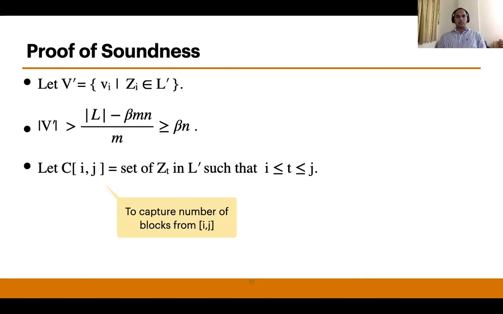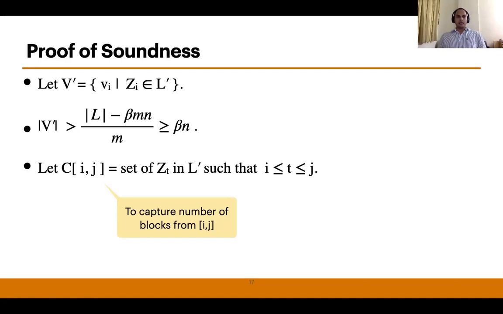We also bound the size of set V prime. Here we use the assumption that L is greater than 2 beta mn, and when we generate the string L prime from string L, we lose length at most beta mn, so we get that the size of set V prime is greater than beta times n.